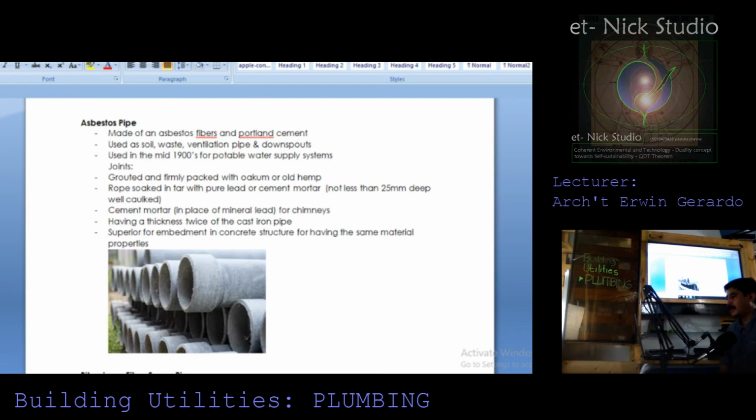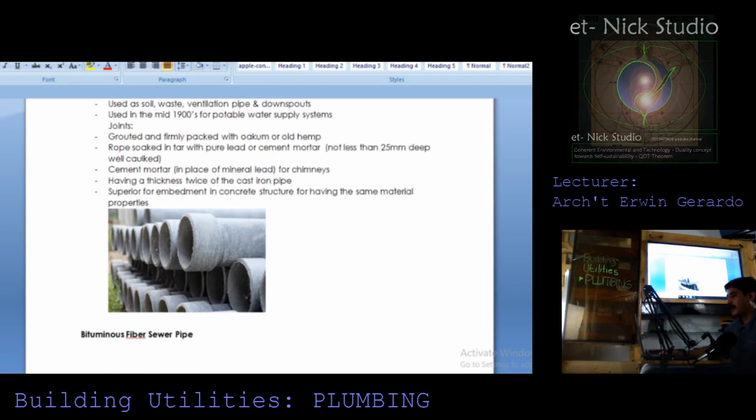It is well coated. Cement mortar in place of mineral lead for chimneys, having a thickness twice of the cast iron pipe. Superior for embedment in concrete structure, or having the same material and properties.